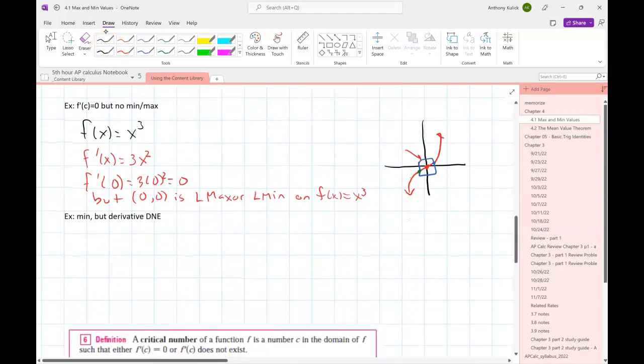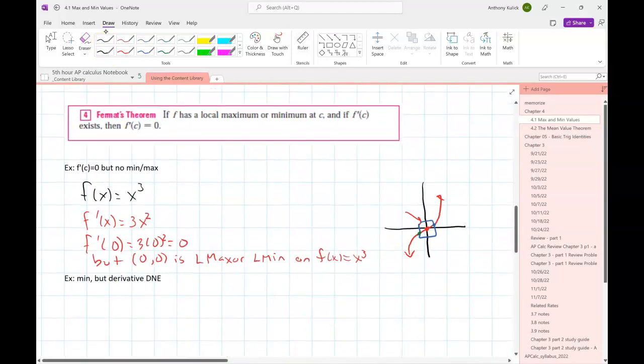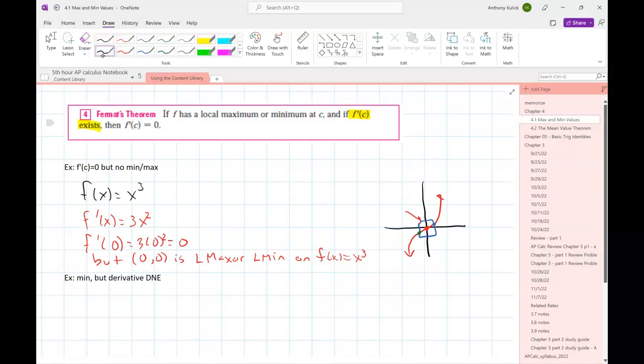The other place where we have to be careful is a lot of times we forget about the does not exist possibility. So you can still have local maxes and local mins, but the derivative might not exist there. So the easy canonical example is the graph of the absolute value.